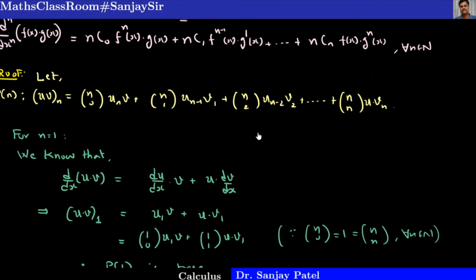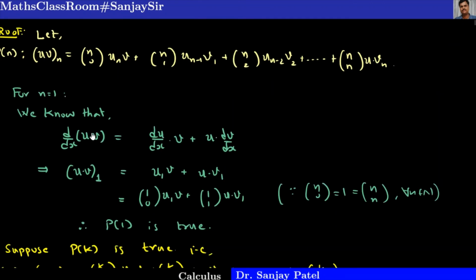So that is a simple basic rule. Again, remember, choose as u the function whose nth derivative is known to you, and take v as the function whose derivative becomes 0 after some stage. That is a simple rule but not a rigid rule.